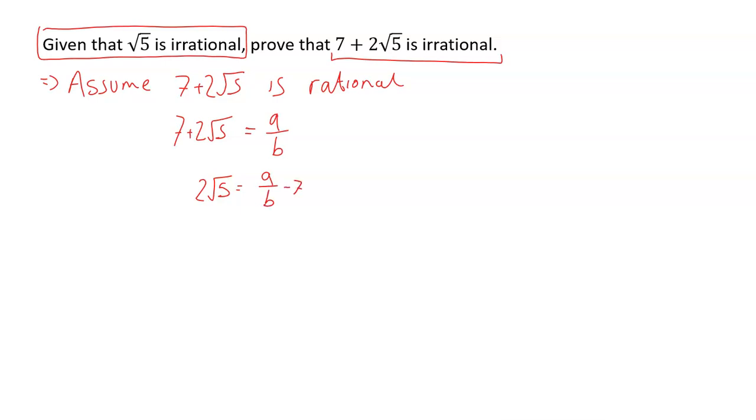And if I simplify that on that side, that means that I've got a take away 7b all over b. If I then divide through by 2, I get root 5 is equal to a minus 7b over 2b. What that then means is that root 5 here is a rational number.